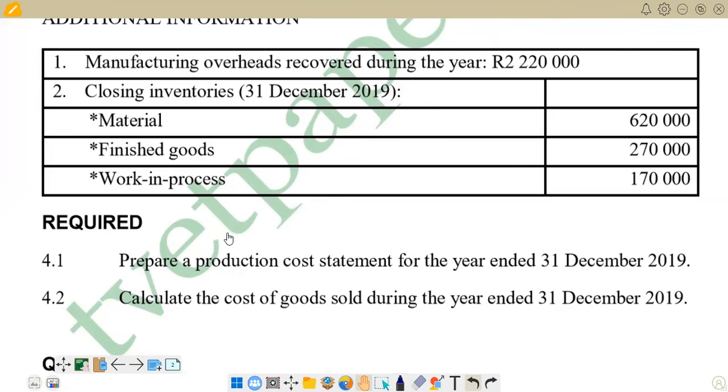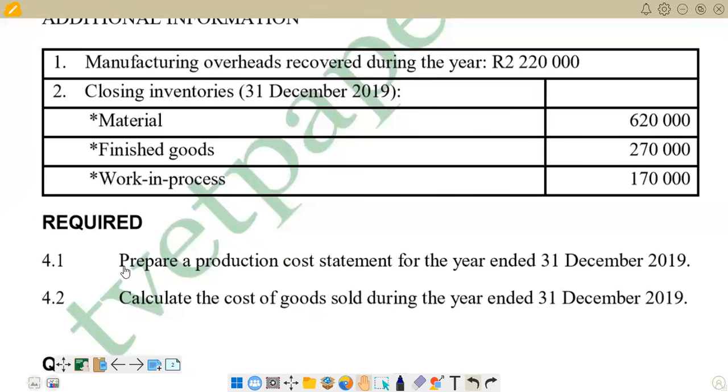But remember, this is a manufacturing business, so we are not going to have purchases. The purchases are going to be replaced in the trading account with the cost of production of finished goods, the figure that would have been transferred from the production cost statement. So that's what we have in terms of 4.1 and 4.2.